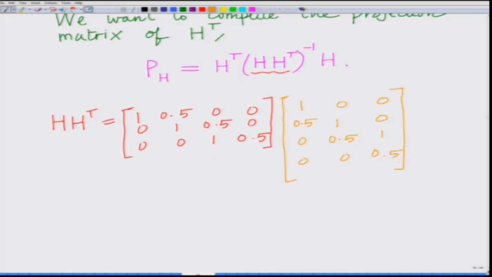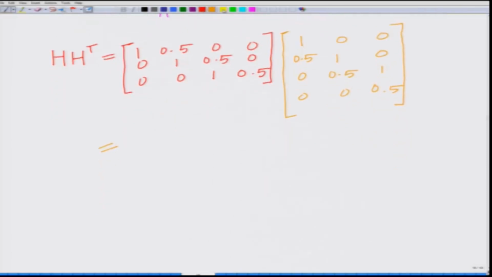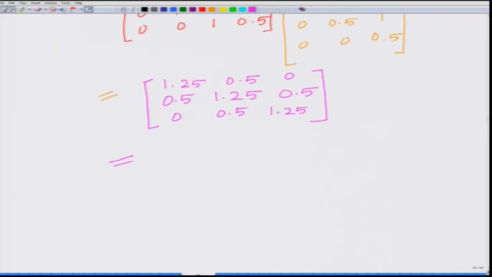This is a 4 cross 3 matrix, and when I multiply these two matrices together, I get the 3 cross 3 matrix, which is 1.25, 0.5, 0; 0.5, 1.25, 0.5; 0, 0.5, 1.25.